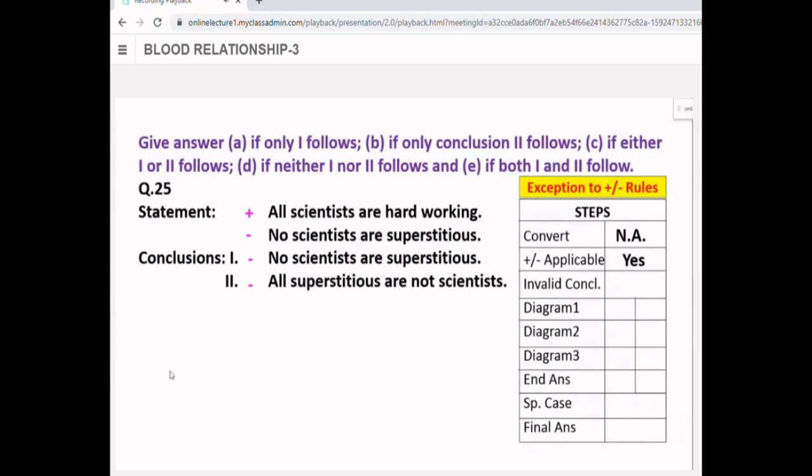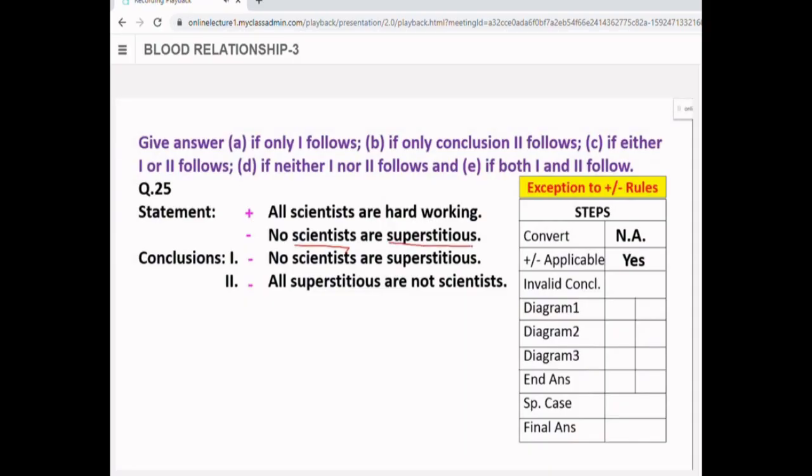First conclusion says no scientists are superstitious. So we have to check now. No scientists are superstitious. Normally you will take scientists from here and superstitious from here.